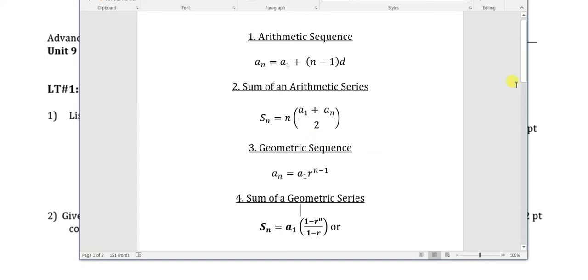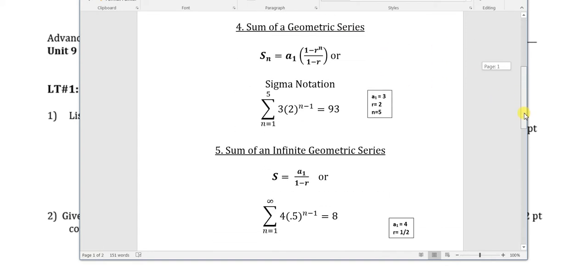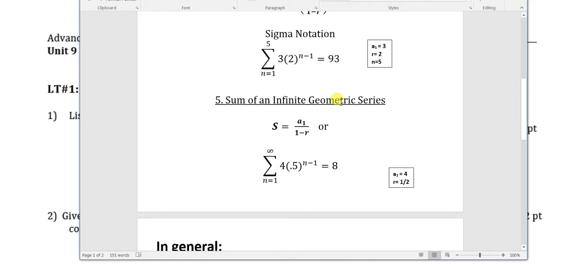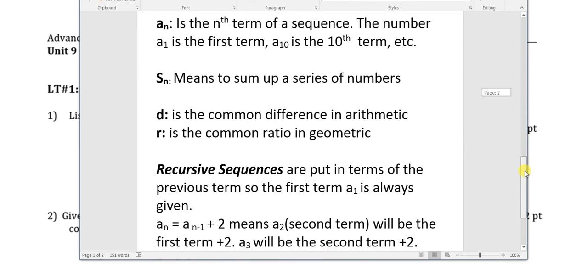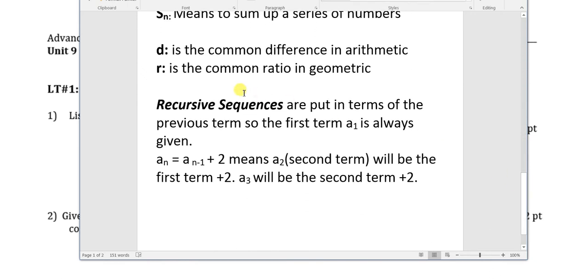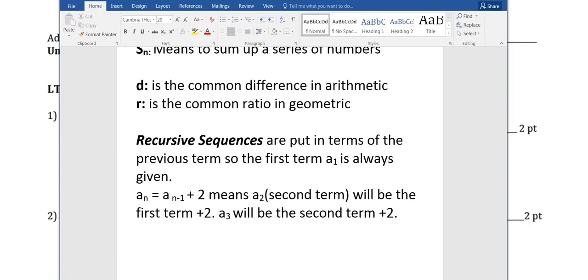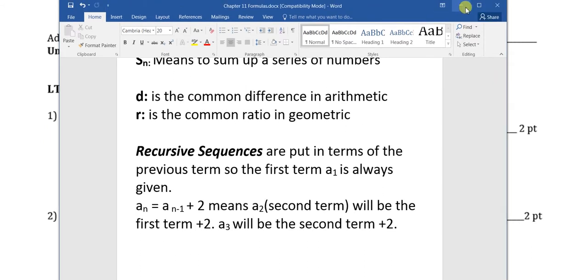Number 3 is geometric sequence, geometric series, and number 5 is the sum of an infinite geometric series. On that note sheet I handed out, I also made some notes on recursive sequences, so I will be referring to this note sheet, and you may want to have it with you. I also posted it up on Google Classroom.